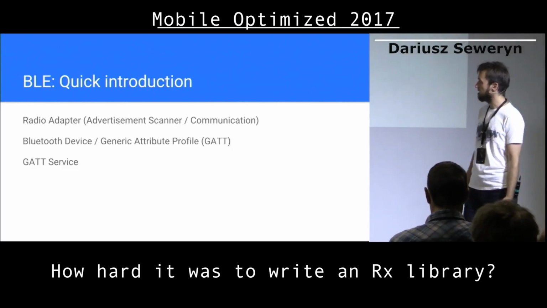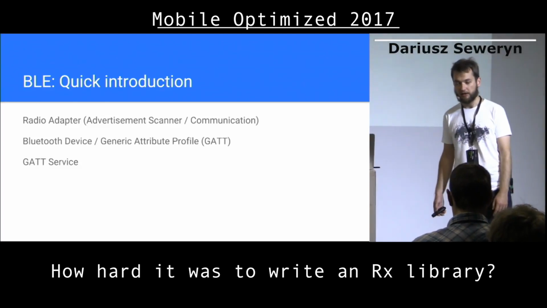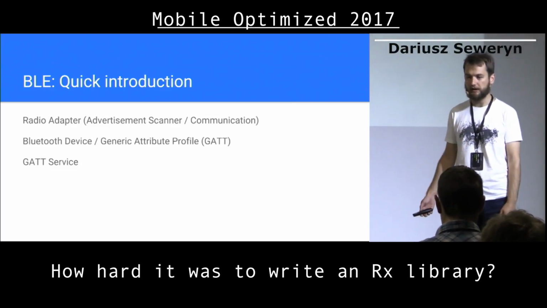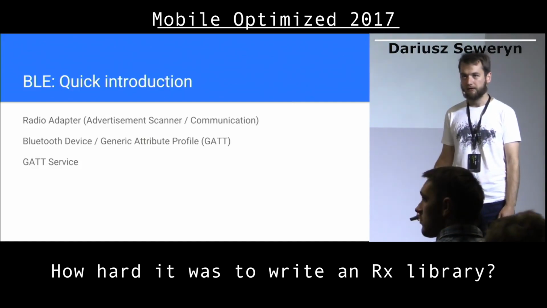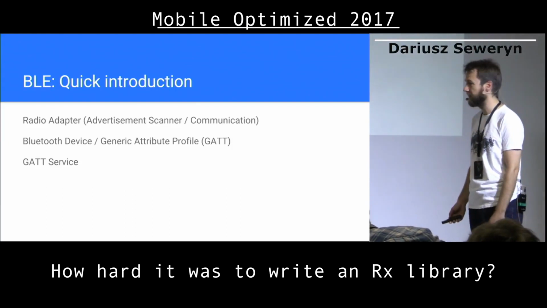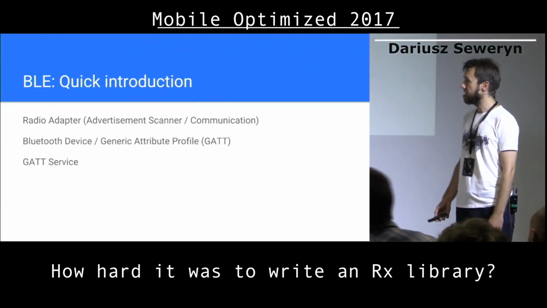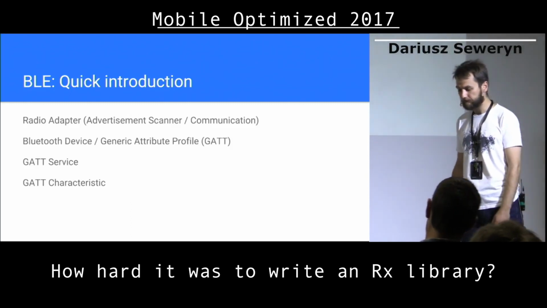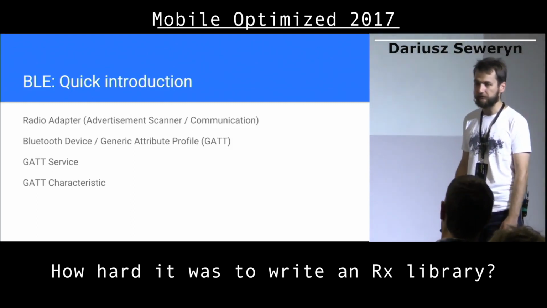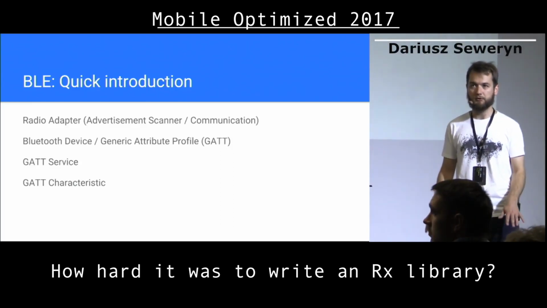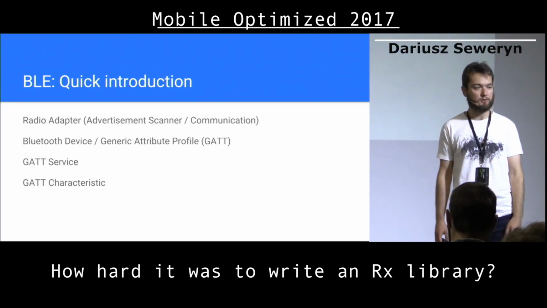For instance, a service could be a heart rate monitor, or a weight, or a cadence monitor for cyclists. Every service may contain many characteristics, which are basically the entry points for all of the communication.